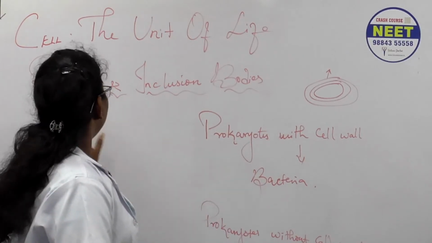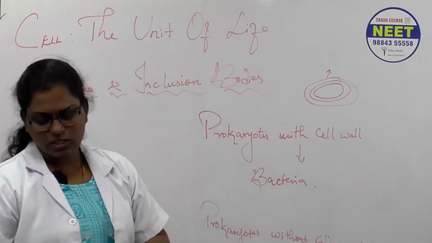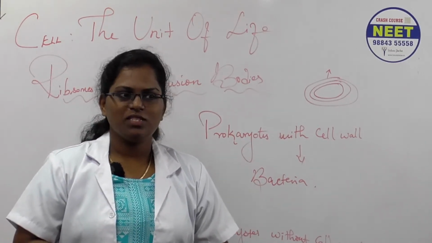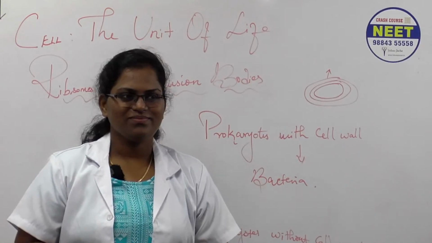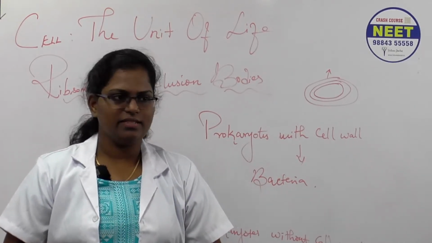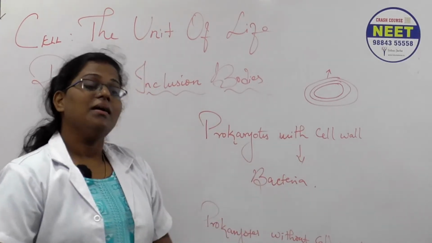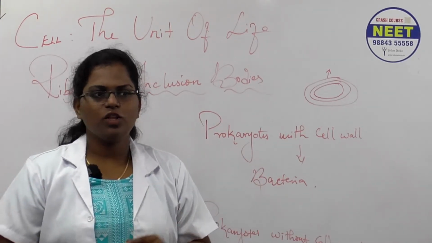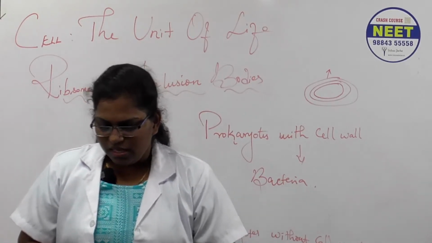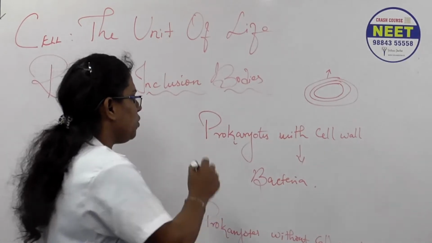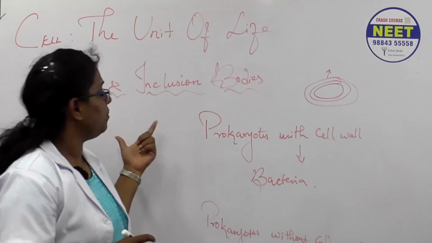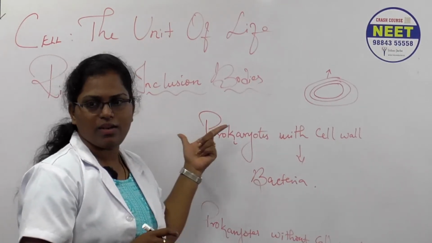Okay. Now, ribosomes and inclusion bodies. What is ribosomes? We have already seen. It is a non-membrane bound organelle. Very good. But present in both prokaryotes as well as in eukaryotes.